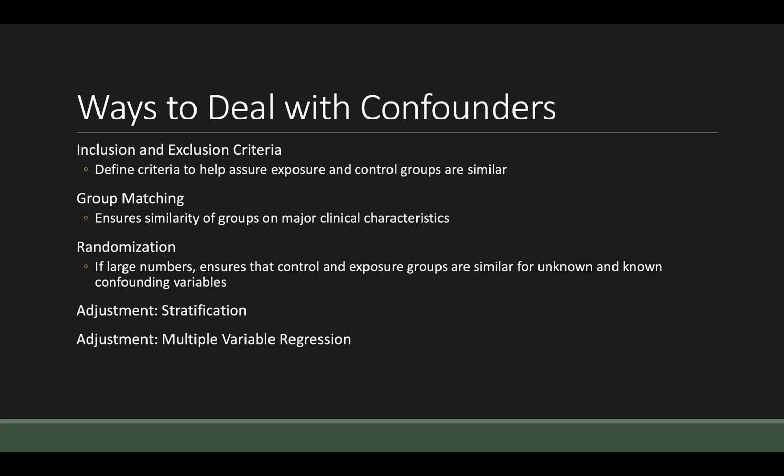If you randomize patients and you have a very large number of patients, you essentially ensure that the control and exposure groups are similar for both known variables that you're actually randomizing based on and unknown variables, because you have so many patients that are so diverse that the variables eventually balance out. The two methods, stratification or multivariate regression, that we talked about can be used if you identify potentially confounding variables in your own study. You must adjust for them because your conclusions will be different if you don't.